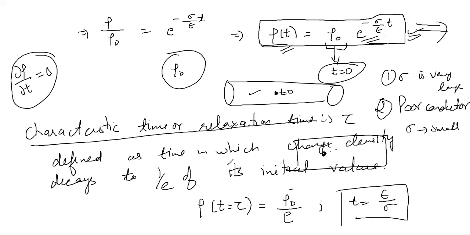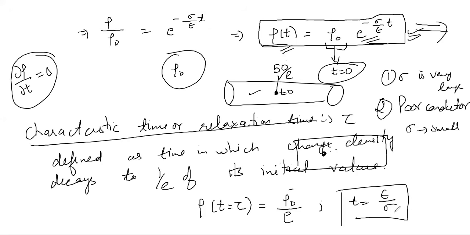This is the time in which, let's say you put some 50 units of charge here, after this much time the charge left here would be 50 times 1 upon e. This is called characteristic time or relaxation time.